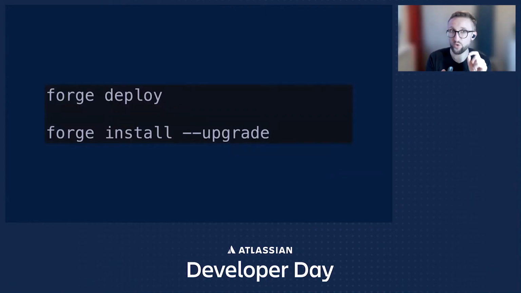Please remember one thing, that whenever you change the application scope, it won't take effect until the app is upgraded. So you have to deploy it one more time, and you have to run forge install --upgrade, then pick all up-to-date installations which you'd like to upgrade. Only then will it take effect. So please keep that in mind.